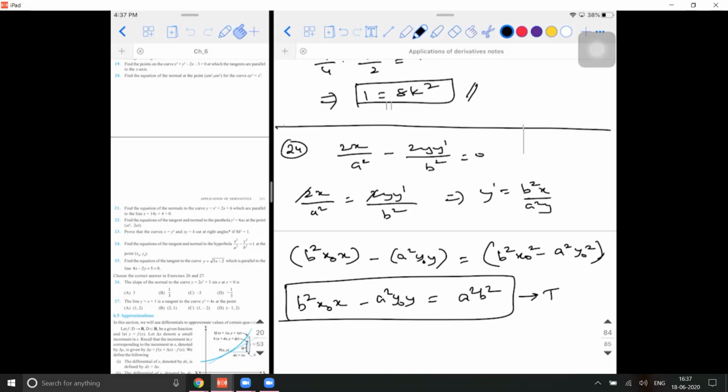So this is the equation of tangent. How many of you got it? b square x naught x minus a square y naught y is equal to a square b square.